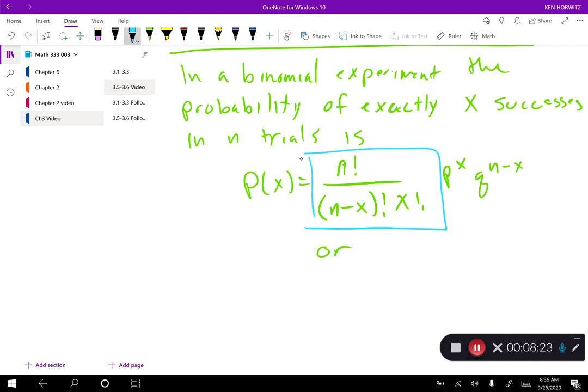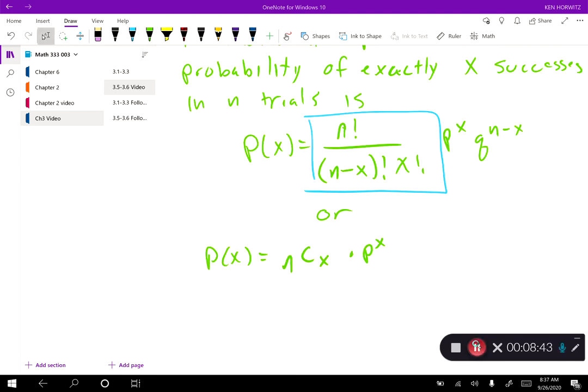So you could say P of X equals NCX times the probability of X times Q to the N minus X. And both formulas will give you the same answer.